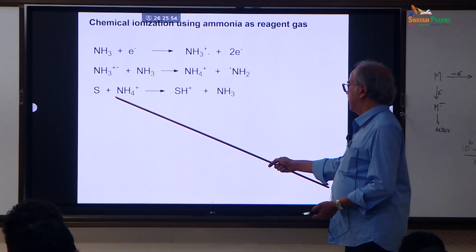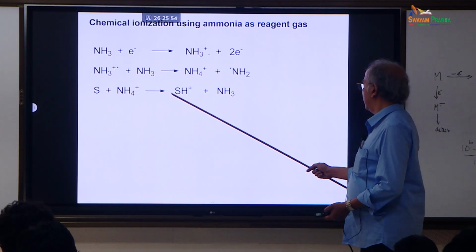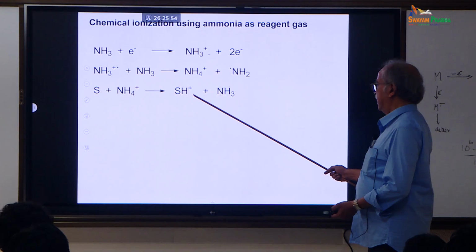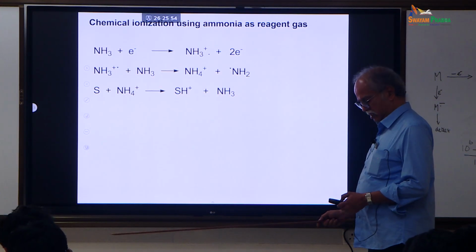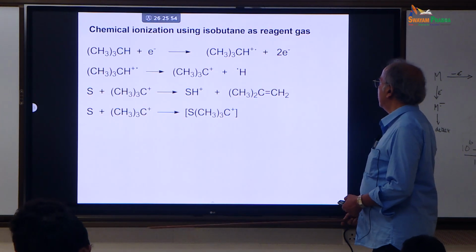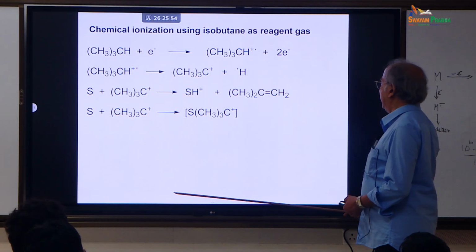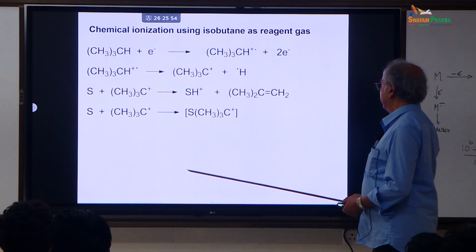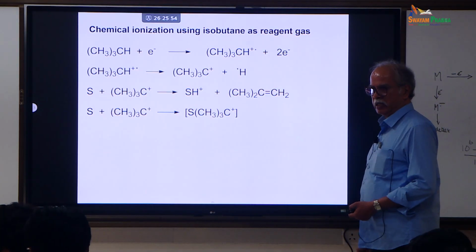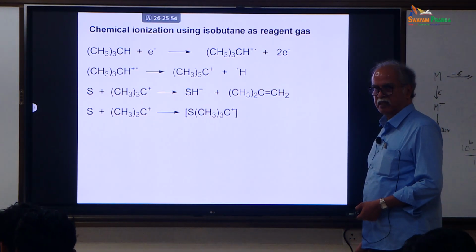The substance under analysis is protonated and it gives SH plus, which is recorded in the spectrum. Isobutane can also be used as a carrier gas. These are the chemistry that can go on in the gas phase.